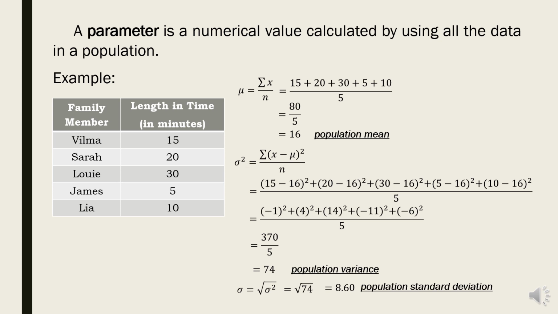And for the standard deviation, we will use the Greek letter sigma to indicate that it is a population standard deviation. So, again, a parameter is a numerical value calculated from a population.